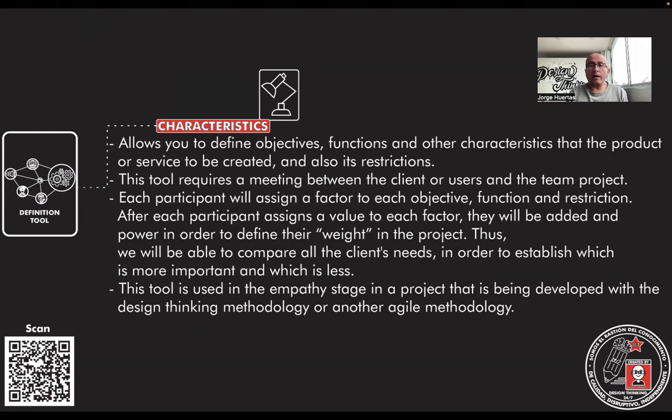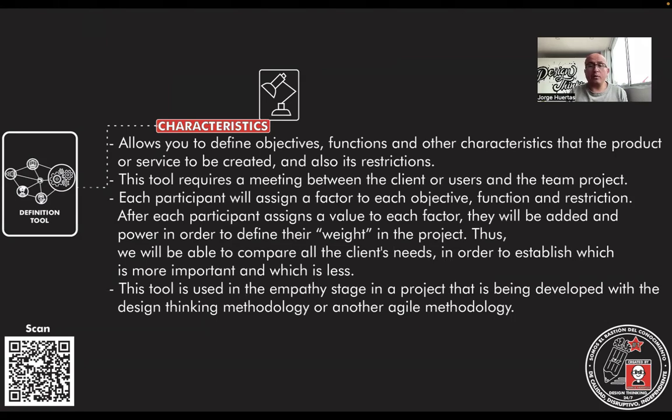This tool is required in a meeting between the client or users and the whole project team. Each participant will assign a factor on each objective, function, and restriction. After each participant assigns a value to each factor, the values will be added in order to define their weight in the project.